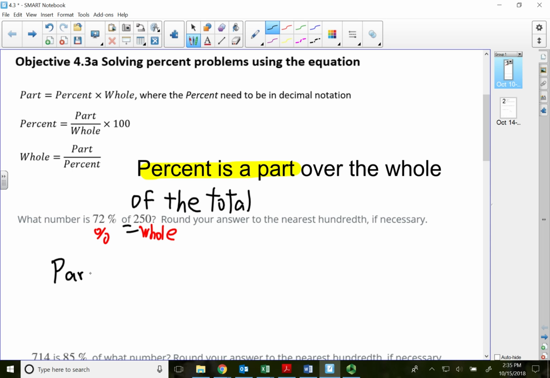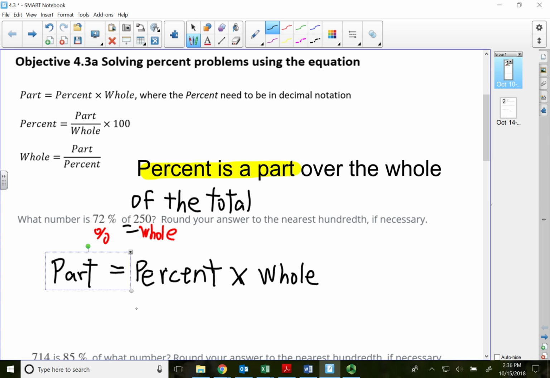In order to find part, we always take percent times the whole. Since 72% has to be converted into decimal notation, that will be 0.72 times the whole, which is 250.